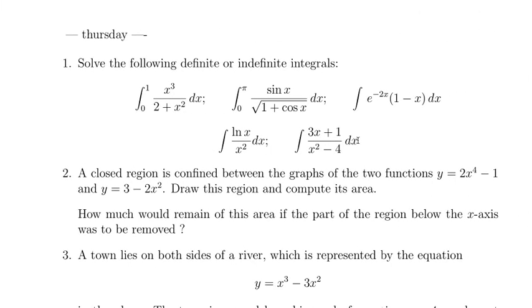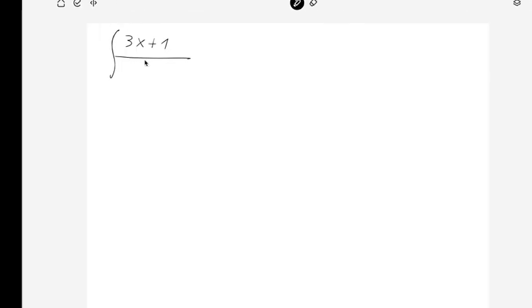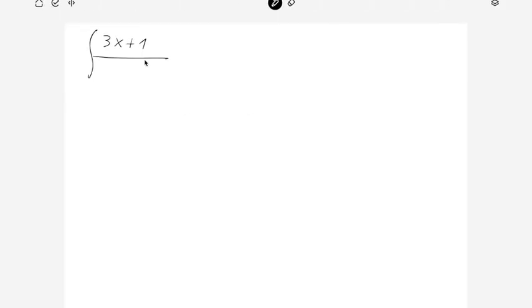Okay, now the last integral, I think, yes, the integral of 3x plus 1 over x squared minus 4.